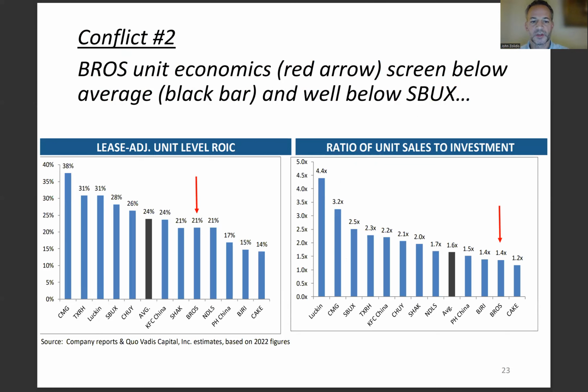What we found is that return on invested capital for the Dutch Brothers concept is perfectly fine, but not extraordinary. It's below the average of a group of other public companies and businesses which we've analyzed. We also looked at the factors behind this, and what we saw was that the ratio of how much it costs to open a store to the sales that the store produces is not particularly attractive for Dutch Brothers. They spend a lot on each particular store, and for that reason, the return metrics of the business are just not that wonderful.